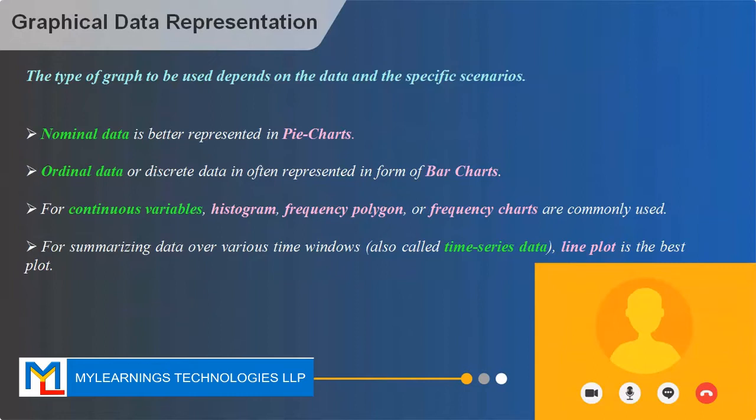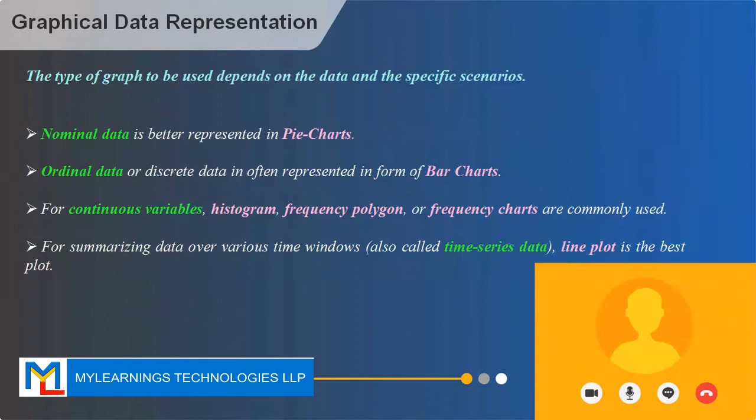From the earlier lesson, we know what nominal data is, right? Data which can be classified, but there is no ranking between the classes. Similarly, ordinal data is data which is classified into different classes and there is a ranking between the classes, right?